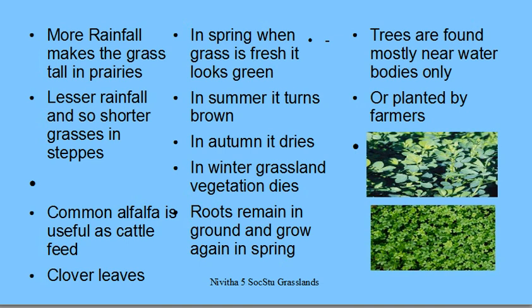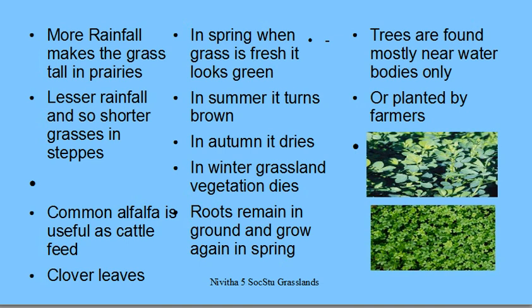Because cattle rearing becomes easy, settlement of human beings happened over here. That is why you have lots of population in the temperate grasslands. More rainfall makes grass tall, lesser rainfall makes grass short. You have popularly the alfalfa grass or the clover leaves, which help as cattle feed.